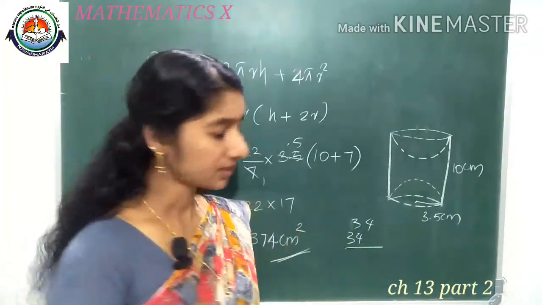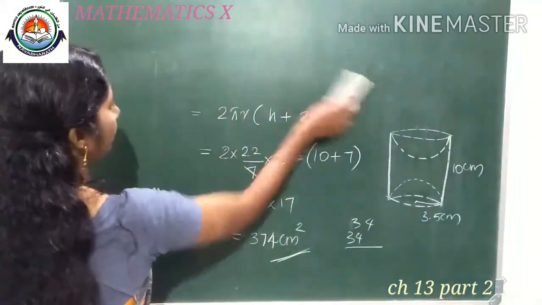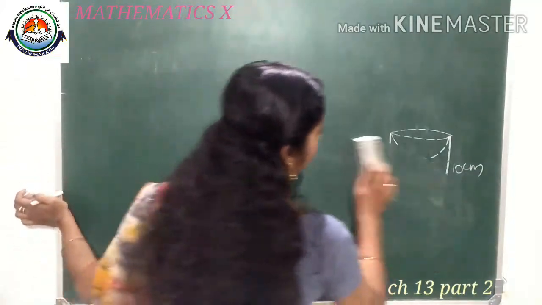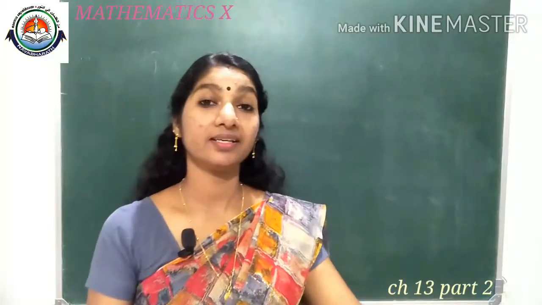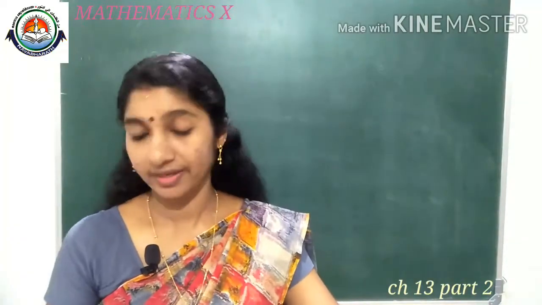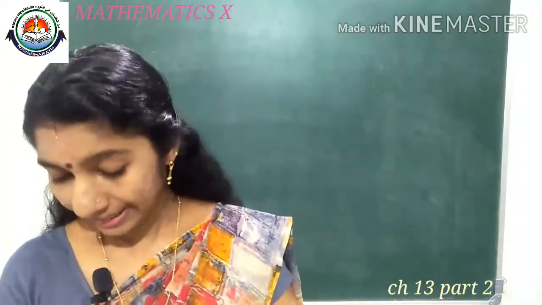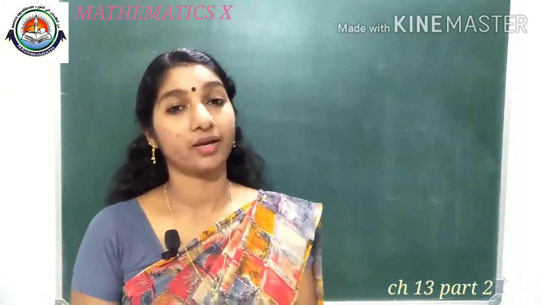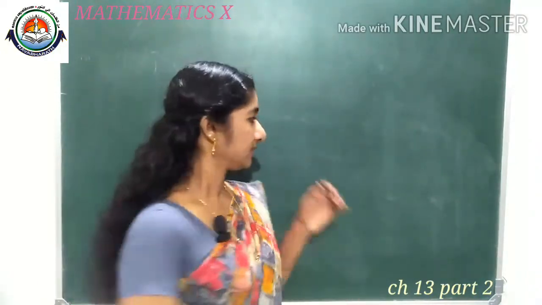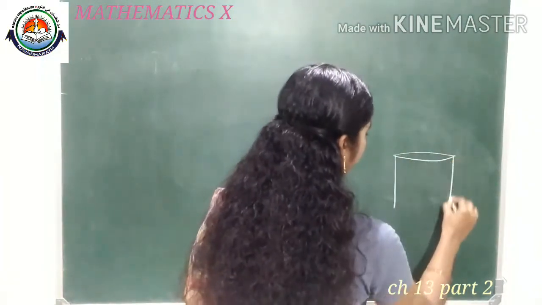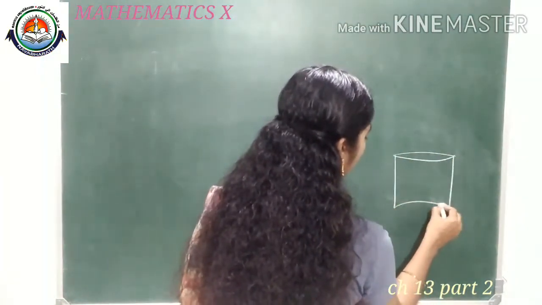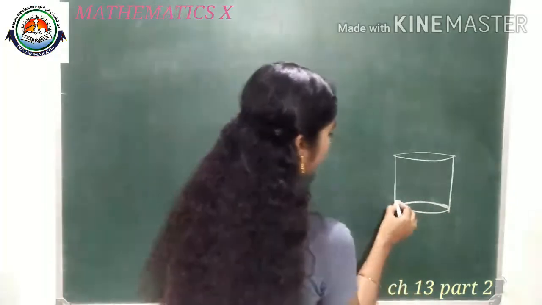Okay, then we have one another question. That is given, a tent is in the shape of a cylinder surmounted by a conical top. That means on one cylinder, one conical top is there.